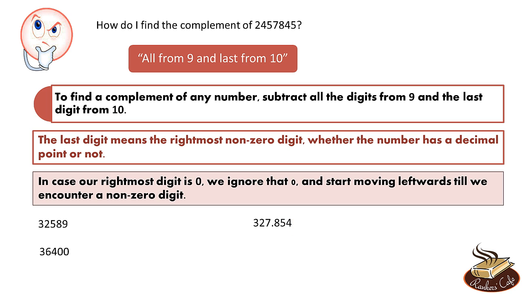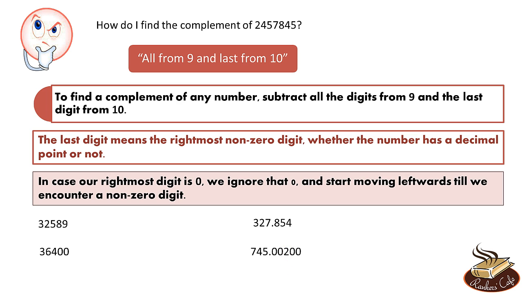But in 36400, the rightmost digit is 0, so we start moving leftwards till we encounter a non-zero digit. Hence, the last digit for our purpose is 4 and not 0, because 4 is the rightmost non-zero digit. Similarly, in 745.00200, our last digit is 2, as we ignore all the zeros to the right of 2.